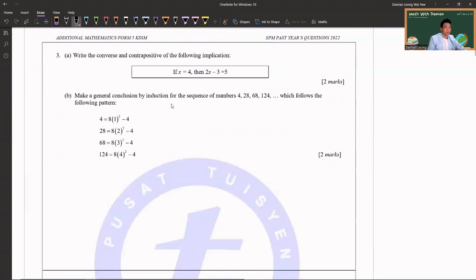Question 3. Converse and contrapositive. I want to write the converse and contrapositive of the implication here. So the converse would be when I switch the antecedent and consequent. If 2x minus 3 equals 5, then x equals 4. That's the converse.